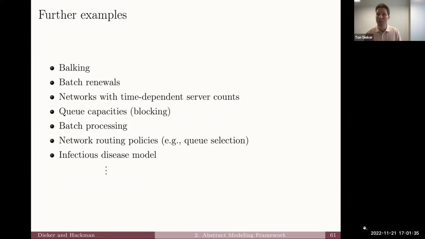Now, we have lots of other examples that you can write down with these 5 primitives. I just want to point out that we also have infectious disease models, which is, of course, quite different from stochastic networks. And we don't quite know what the boundaries are as far as going beyond stochastic networks. But in this talk, we focus on stochastic networks.